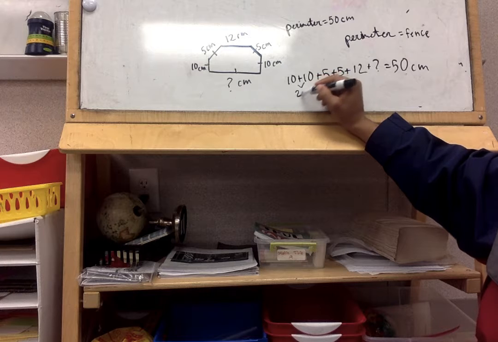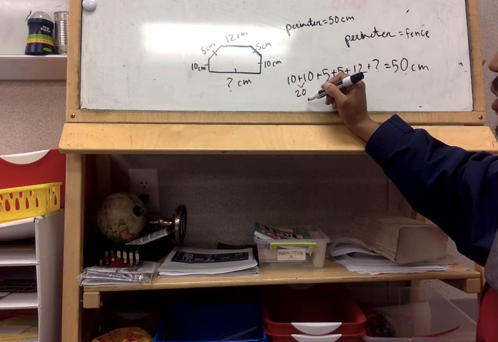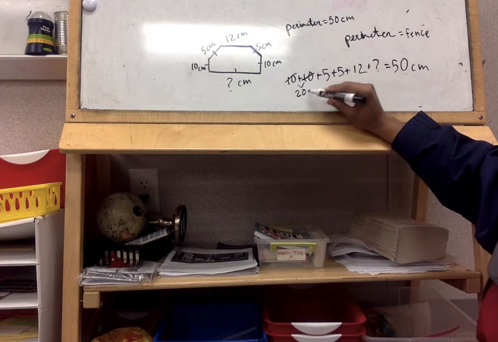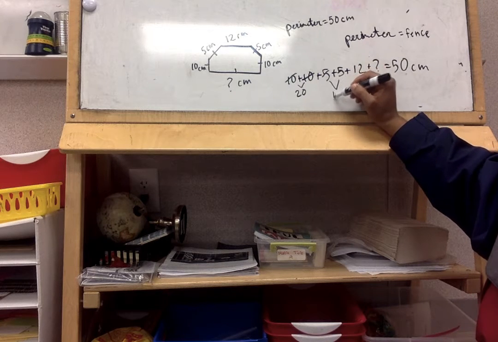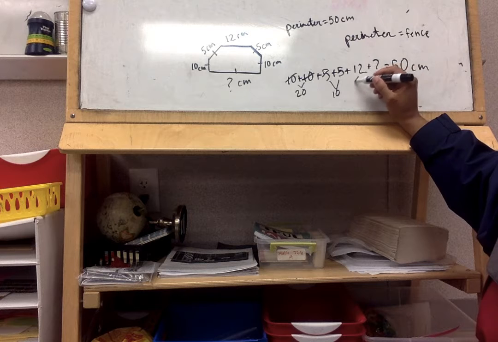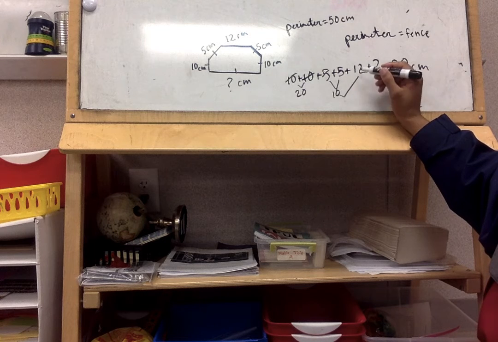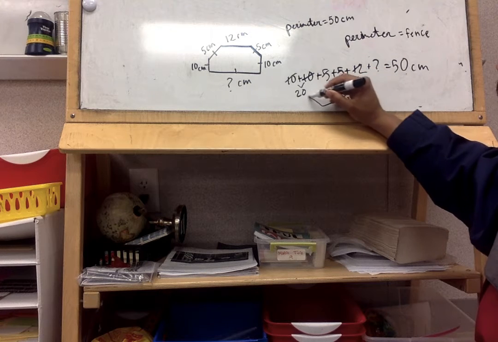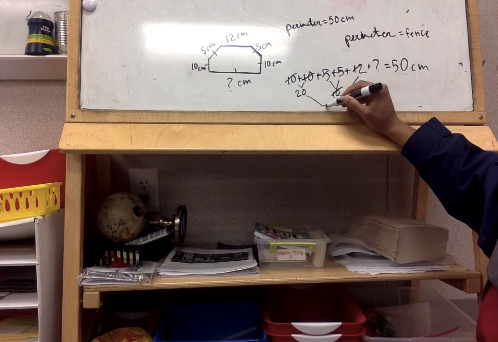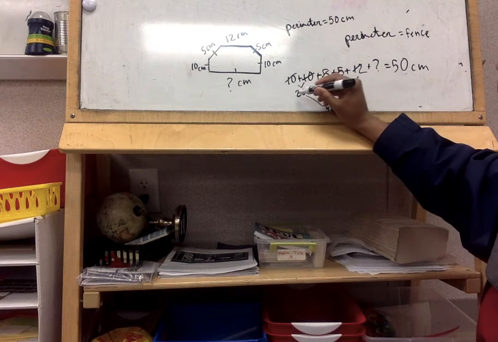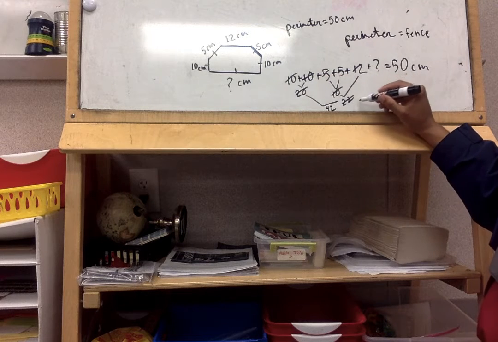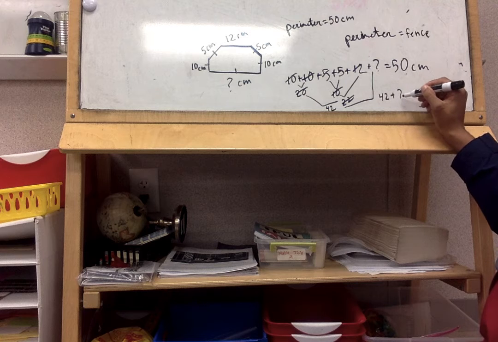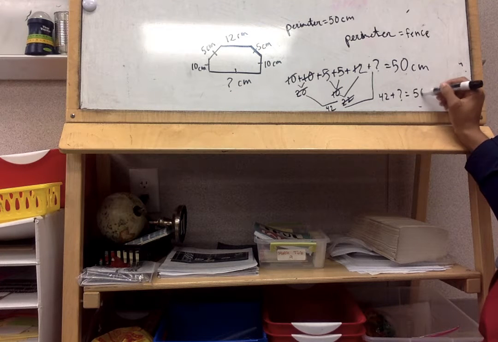10 plus 10 is 20, and usually this is how I have kids do it in the classroom as well. Cross out what we've already used. 5 plus 5 equals 10. Next, we could do 10 plus 12, that's 22. I'll cross those out. 22 plus 20 is 42. Cross that out. So now all we have left is 42 plus this unknown number equals 50.